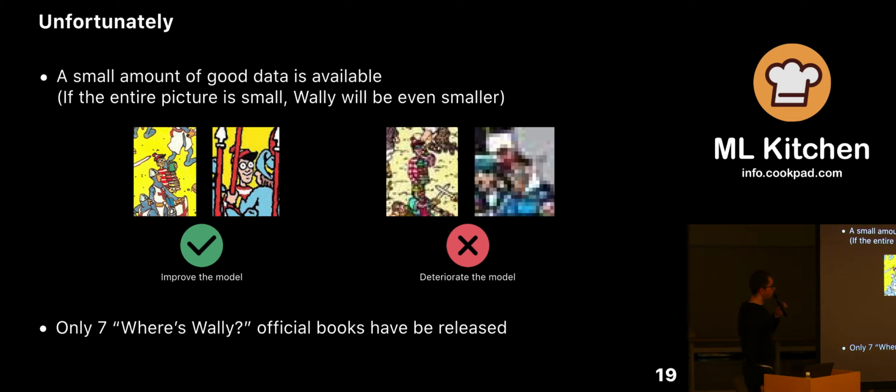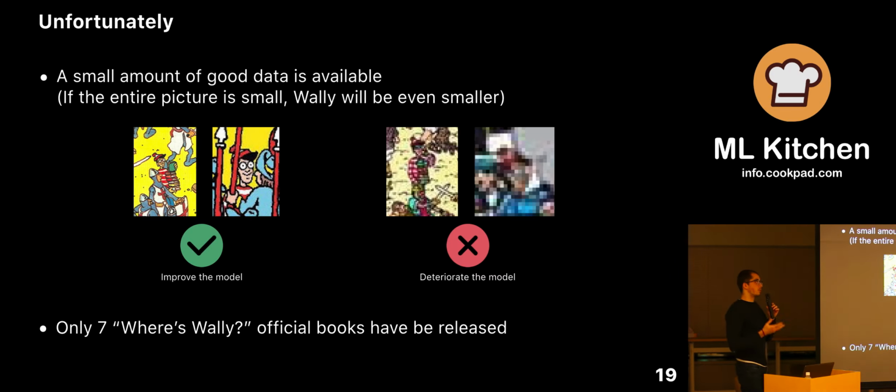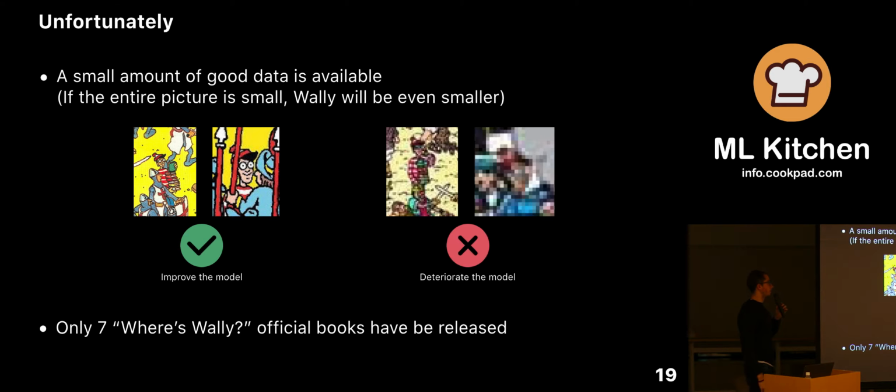And on the right, there are a lot of pictures like this because the original picture is small, the resolution is not that good, and Wally in those pictures is really small. If the picture is not really good at the beginning, it will be even worse if you have to find it. So if you train the model with those kinds of pictures, it will decrease the confidence instead of increasing it.